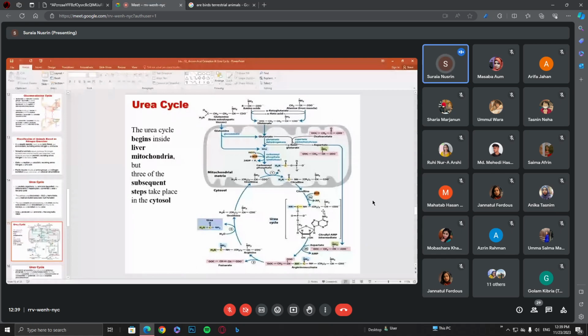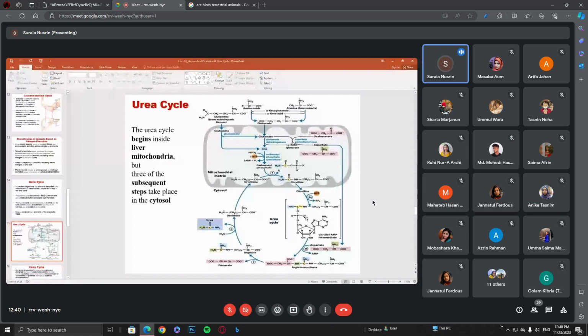In the cytosol, citrulline forms an intermediate with ATP. ATP donates AMP, and it gives rise to the intermediate citrullyl AMP. In this reaction, citrulline's carbonyl carbon, which comes from the bicarbonate, interacts with the phosphoryl group of AMP.